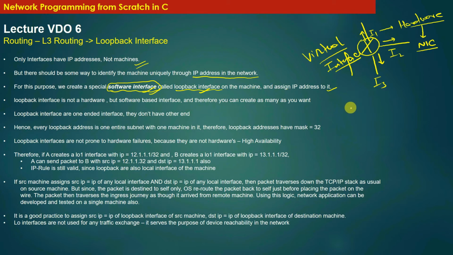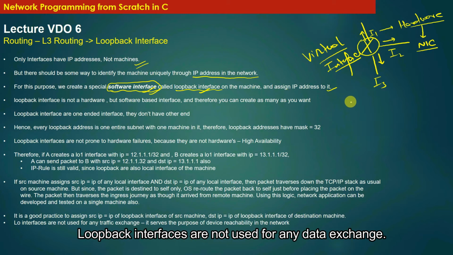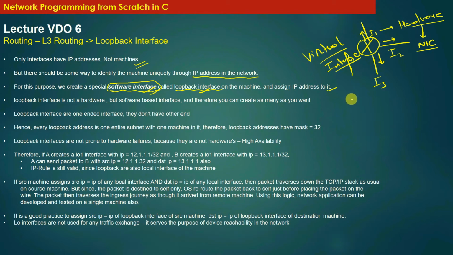Actually, it is a virtual or software interface. A loopback interface doesn't have any hardware attached to it. That is the reason loopback interfaces are not used for any traffic reception or dispatch, or in other words, for any data exchange, because they are not hardware.